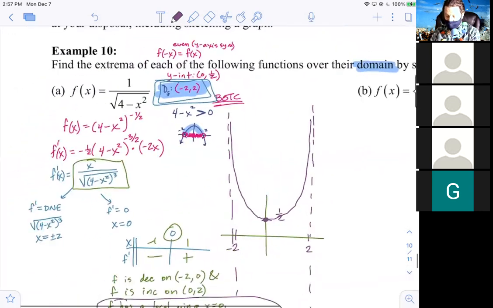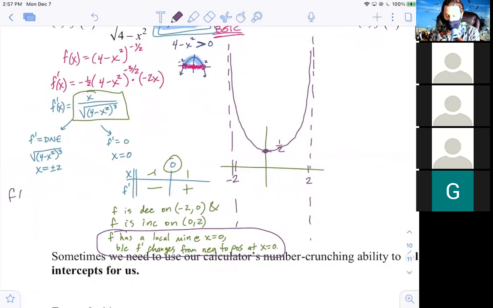Right now, we're just going to say, okay, f has a minimum of y equals 1/2 at x equals 0 and no max. Okay? No max, no. You cannot go change in the closet. Not today.